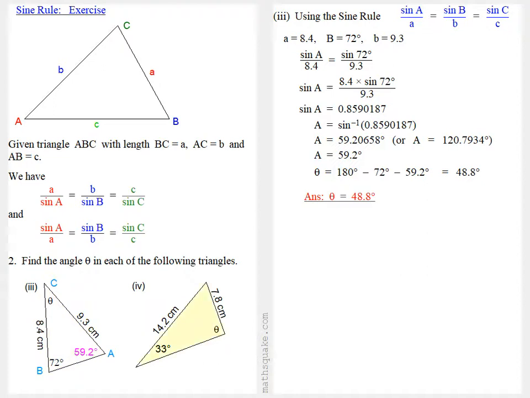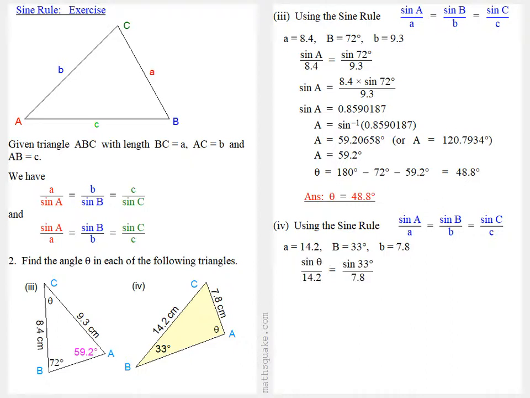Now in part 4 we have a triangle with sides 14.2 centimetres and 7.8 centimetres, an angle of 30 degrees, and we're trying to find the angle theta. So using the sine rule, sine A over A equals sine B over B equals sine C over C, we have A is equal to 14.2 centimetres, the angle B is 33 degrees, and the side B is 7.8 centimetres.